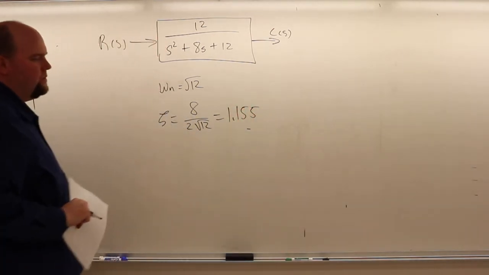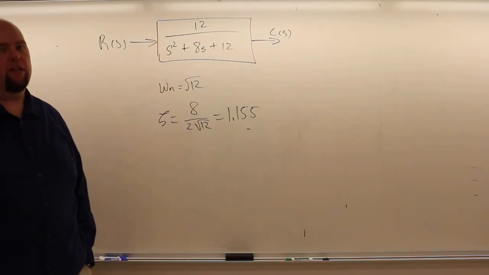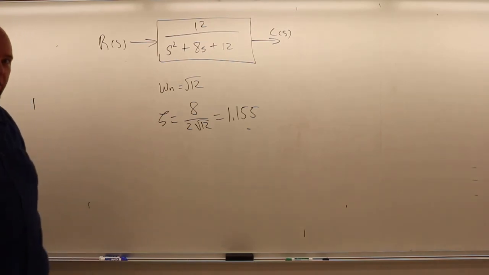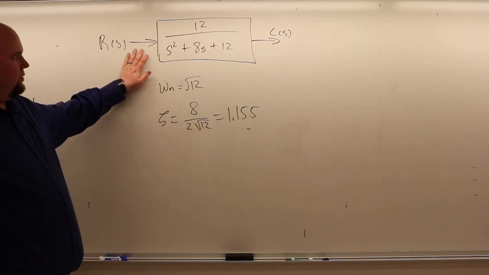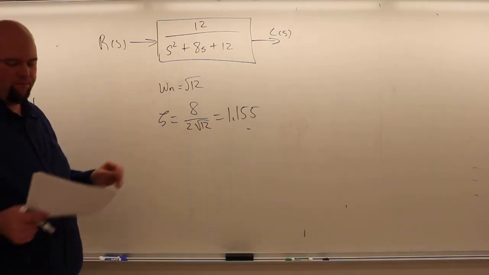So our damping ratio was 1.155. What type of system response is that? That is the overdamped response, yes. So see, it's very powerful to use these tools. We can very quickly go from a second order system to identifying how that system is going to respond.